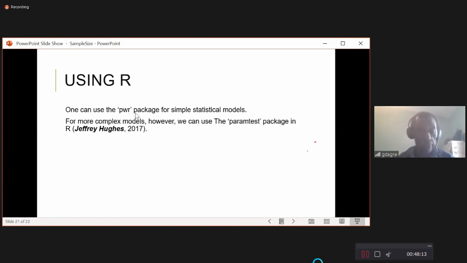Here, we talked about those for simple statistical models, but for complex models, the simR package and others are good. You can download these, and there are manuals and tutorials on how to do those things. You can go through that, for different types of modeling.